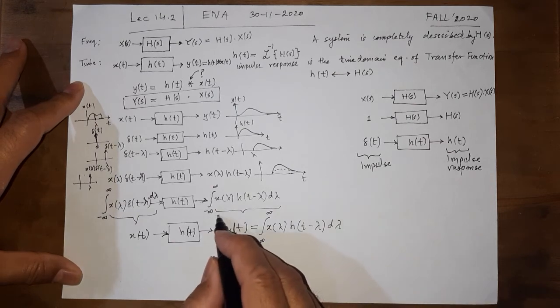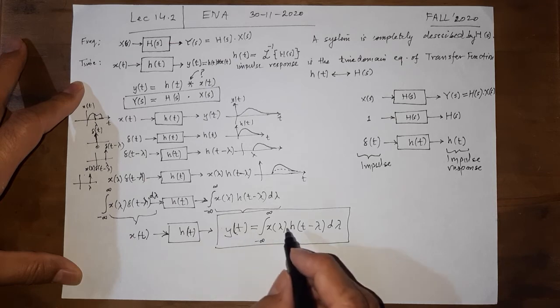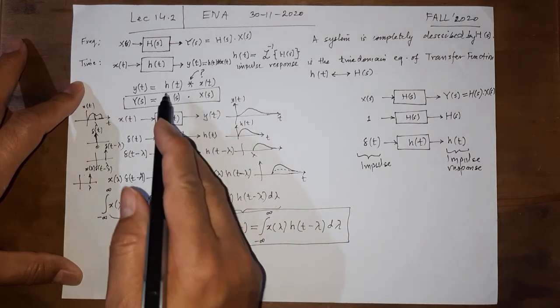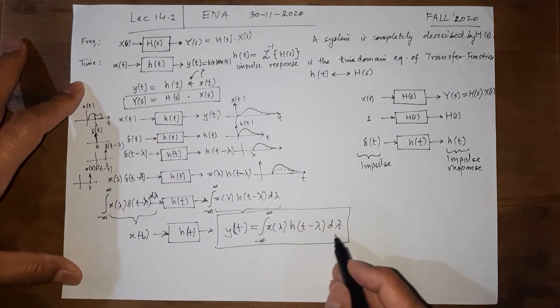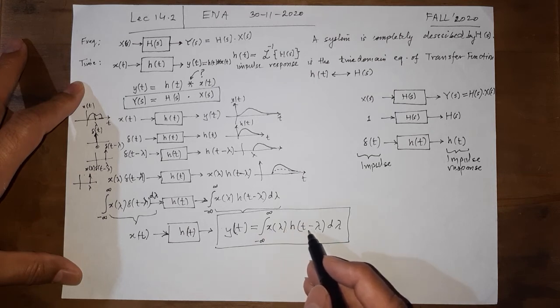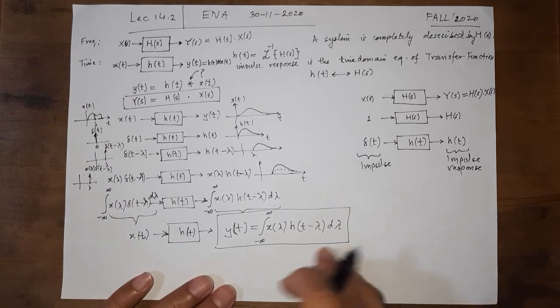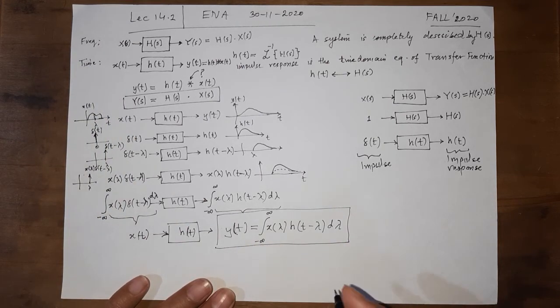This is what y of t is. So this is how y of t depends on x of t and h of t. And this is not a product. This is not simple multiplication. This is much more than this. So try to comprehend this. I will show you a little deeper into the meaning of this thing.